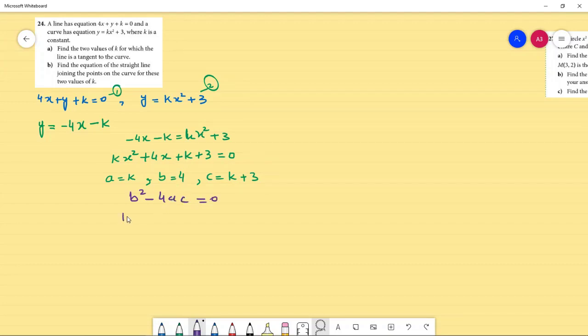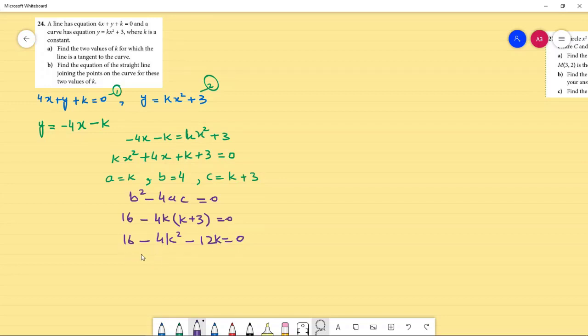So we apply b square minus 4ac equal to 0. b is 4, so 16 minus 4k times k plus 3 equal to 0. 16 minus 4k square minus 12k equal to 0.